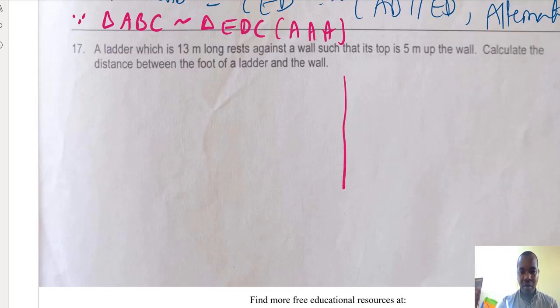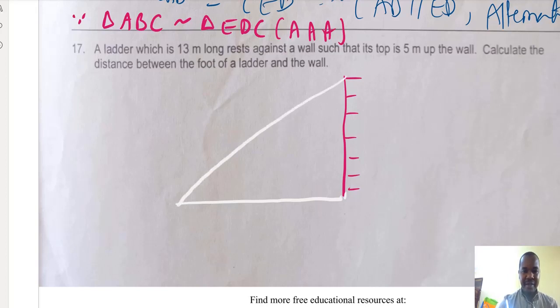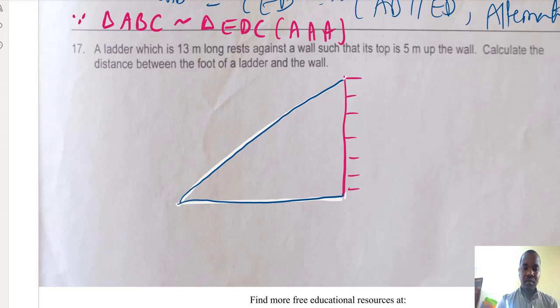So we have a wall. This is our wall, and we were given a ladder here. So this is our ladder, and our ladder is 13-meter long.